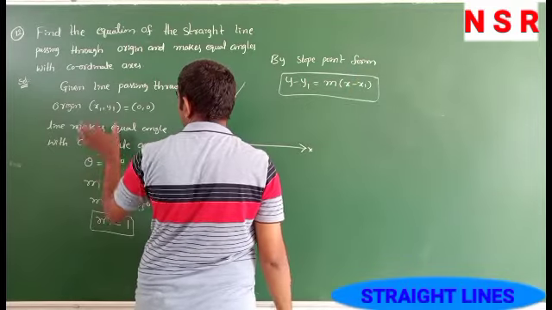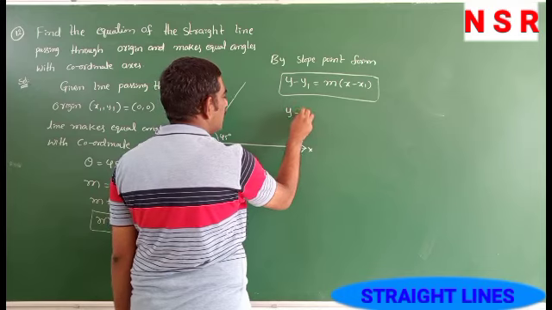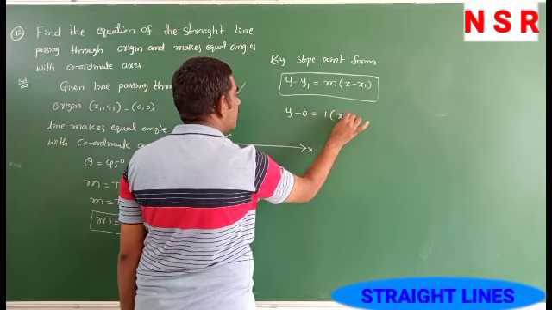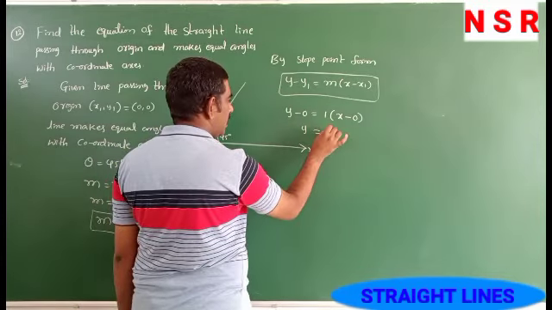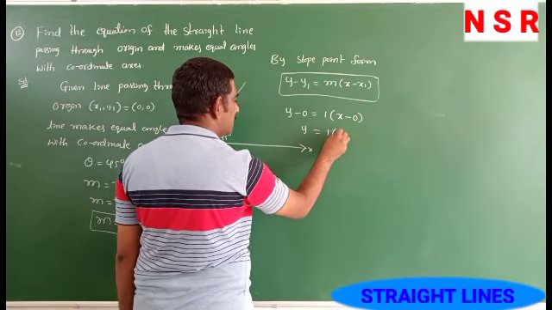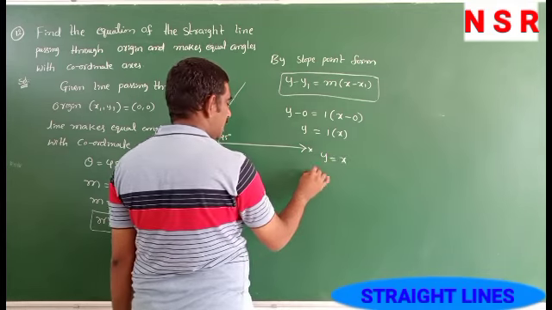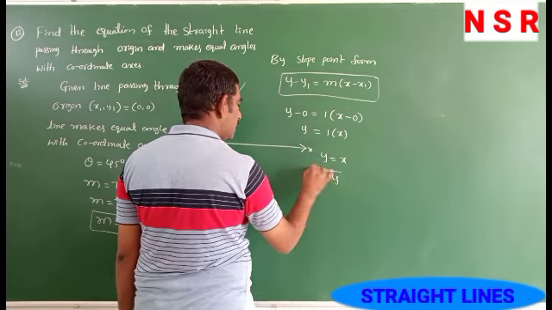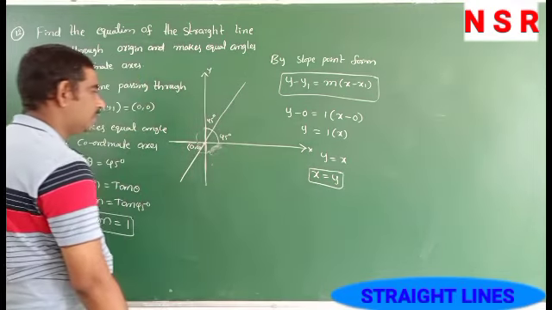Now in place of x1, y1 substitute 0 comma 0, and in place of m substitute 1: y minus 0 equal to 1 into x minus 0. So y minus 0 is y, equal to x minus 0, which is x. So 1 into x is x. So our straight line equation is x is equal to y, or x minus y equal to 0, or y minus x equal to 0.